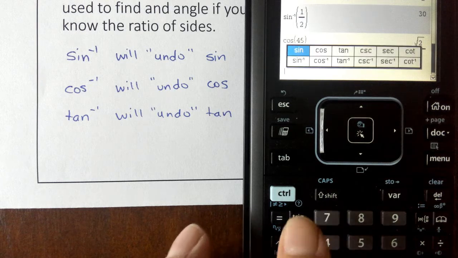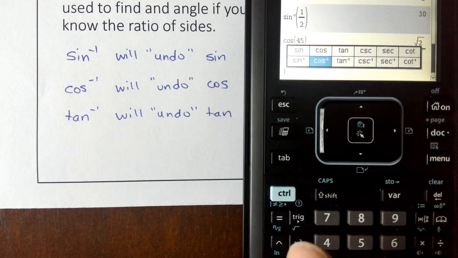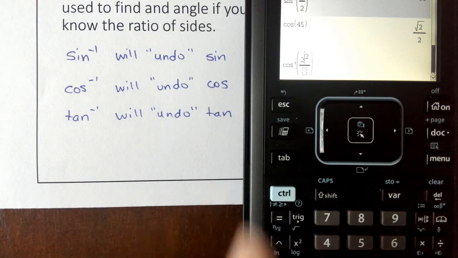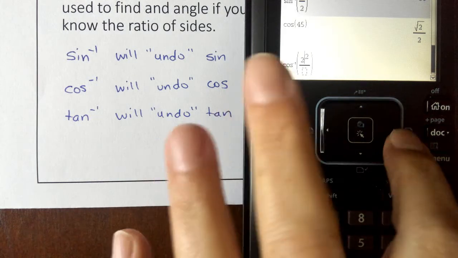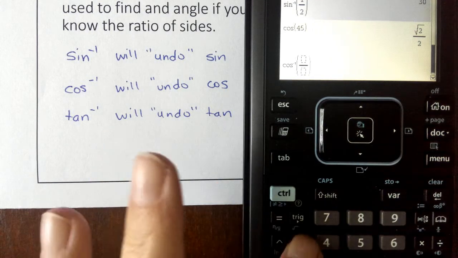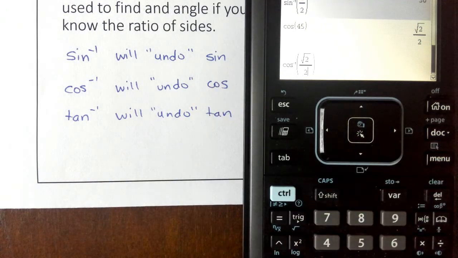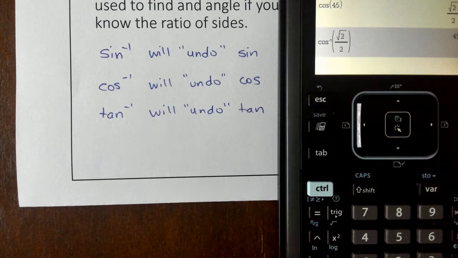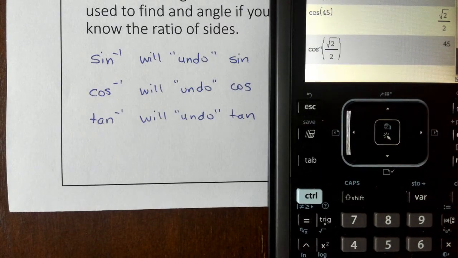If I do the inverse cosine of the square root of 2 over 2, it should hand me back the 45, which is exactly what it does. So inverse cosine is the undo button for cosine.